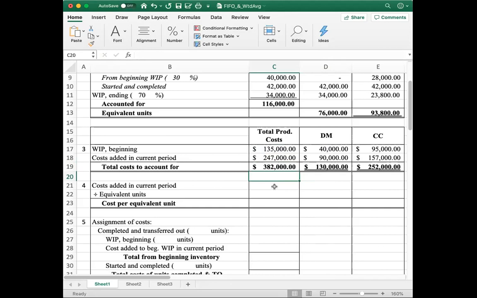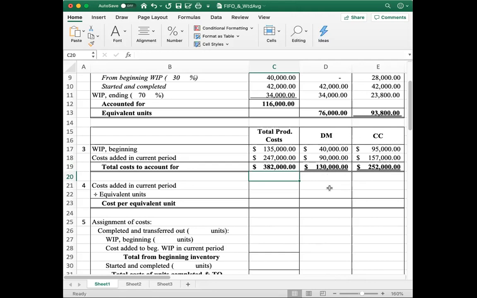Moving forward, now we are going to calculate the cost per equivalent unit. Compared to the weighted average method, this is different. In the weighted average method, you would use the total $130,000 direct material cost divided by the equivalent units, and the total of 252,000 of conversion cost divided by the equivalent units. But in FIFO, we assume that the cost you incurred in the prior period should not be included.